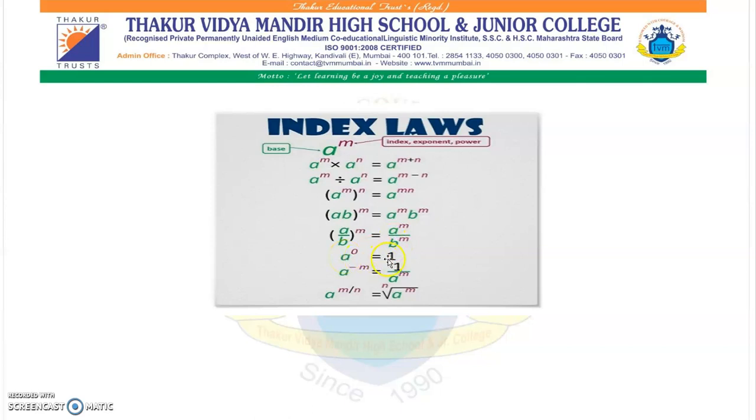A raised to 0 equal to 1, means any number having the power 0, the answer we will get is 1. A raised to minus m equal to 1 upon a raised to m. Any number with negative power can be changed into positive power if we write the reciprocal of it. A raised to m upon n can be written as the nth root of a raised to m.